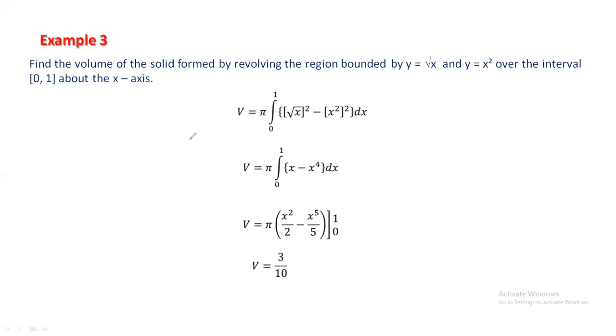Your axis of rotation is the x-axis. What will you rotate on the x-axis? You will rotate the area bounded by these two curves, y equal to square root of x and y equal to x squared. Now, the limit of integration is 0 to 1.